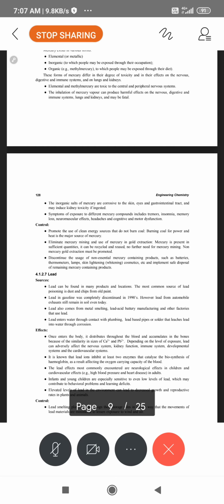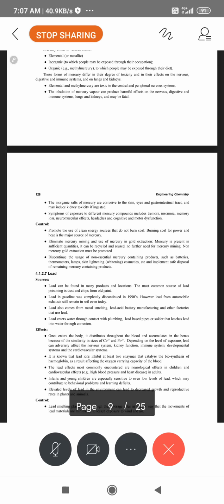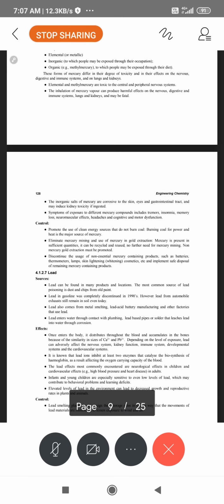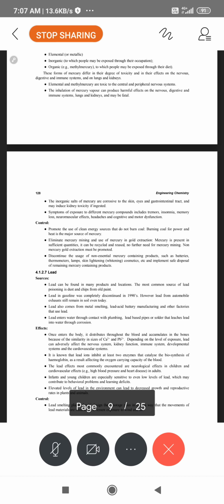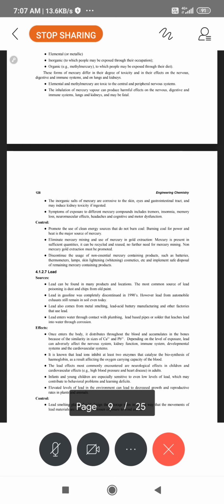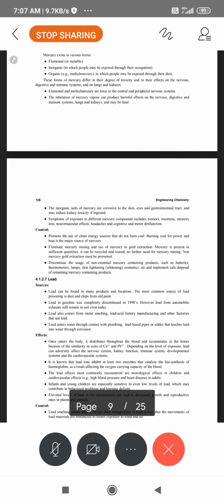Along with this, if lead enters the atmosphere, that is the soil, it reduces the soil pH, and it is too much of a problem to us. When it is added to the soil, it causes some other problems, and when it enters the plants, it reduces the rate of photosynthesis also.